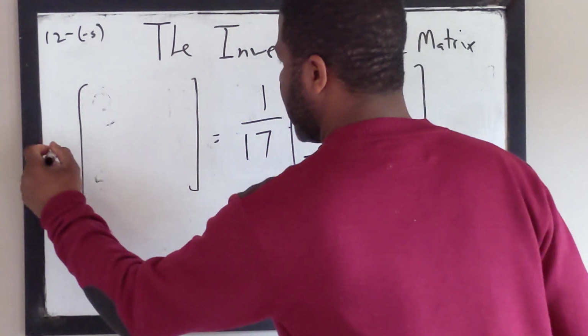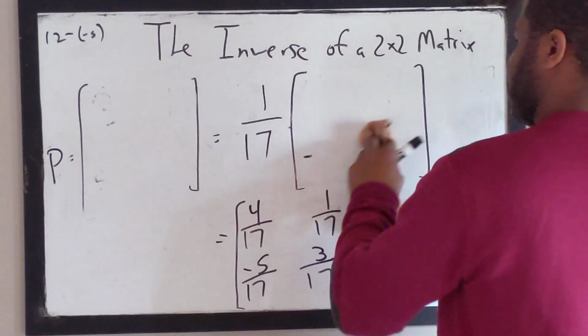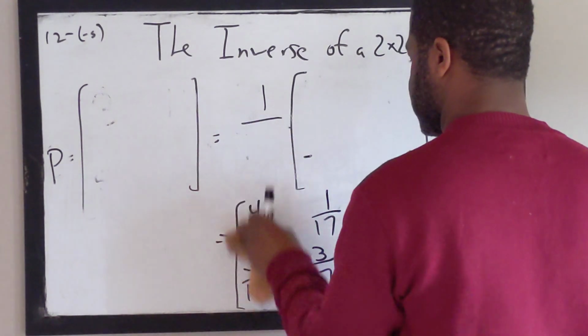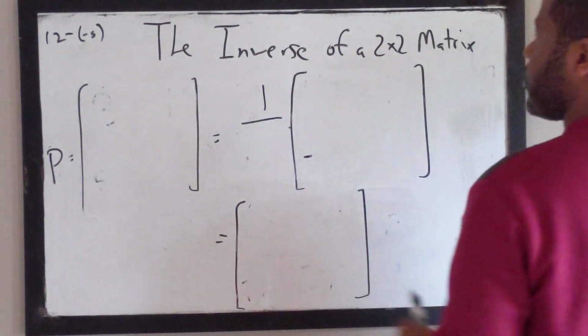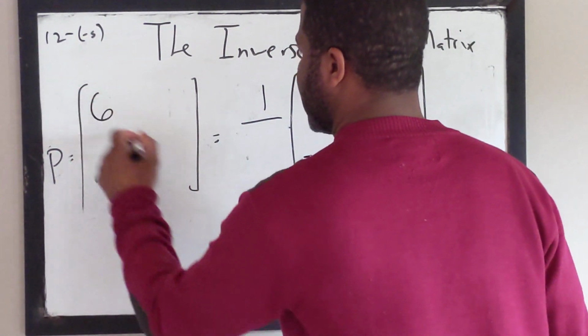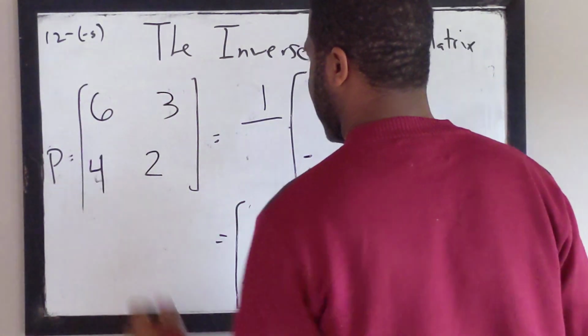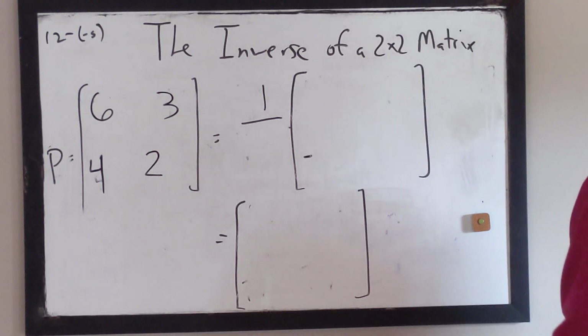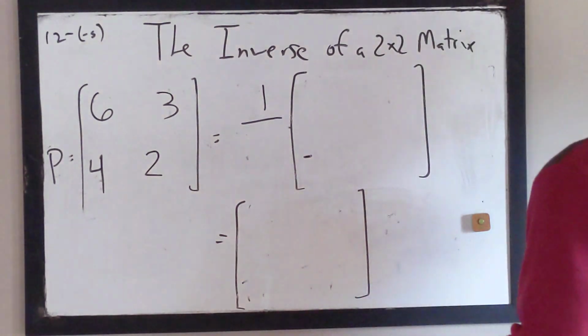Let's call this one P. Okay. So now I'm going to put in 6, 2, 3, and 4. Now the first thing, matter of fact, y'all, let's put a star by this one.